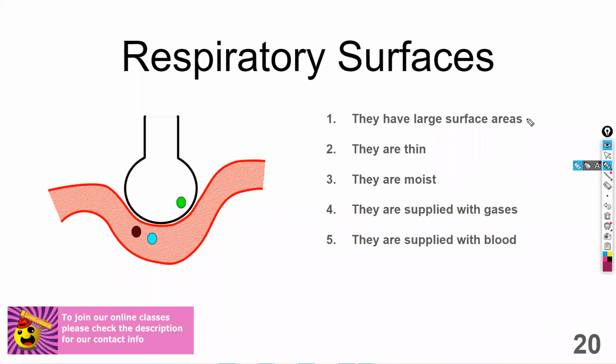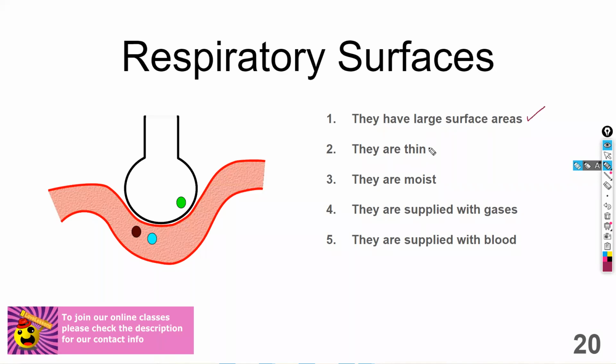Do you all agree with one? Did we discuss part one? That respiratory surfaces need to have what? A large surface area. This is to allow as much oxygen to be captured as possible, right? So that's this area over here. The respiratory surface must have a large surface area.